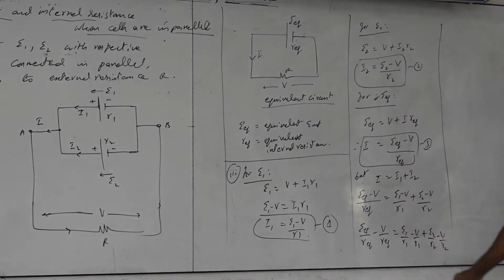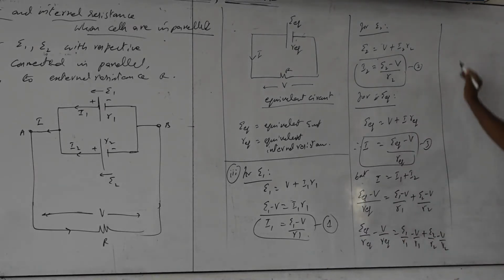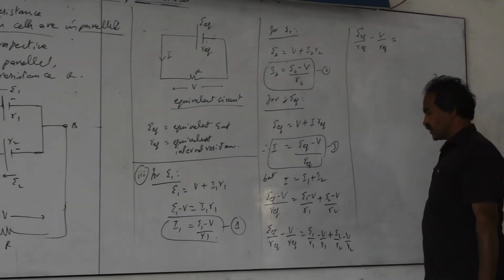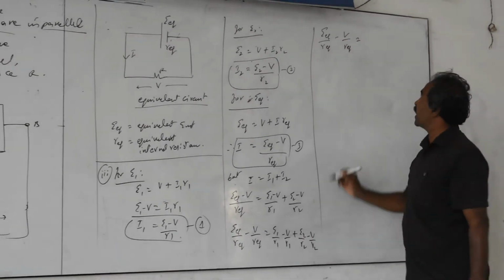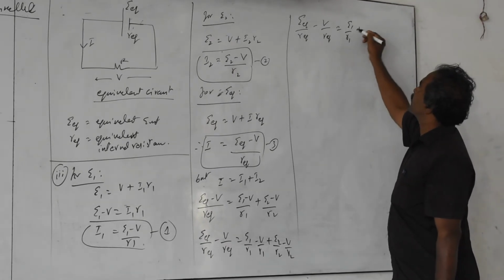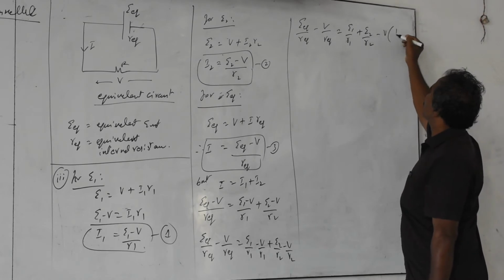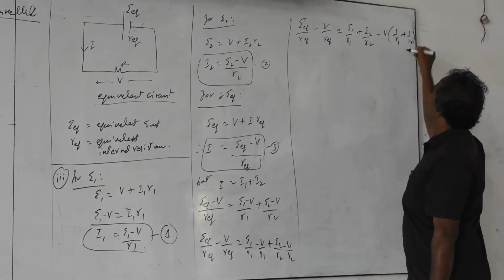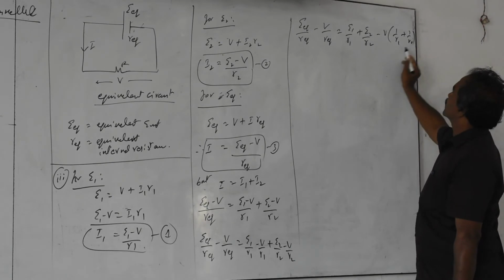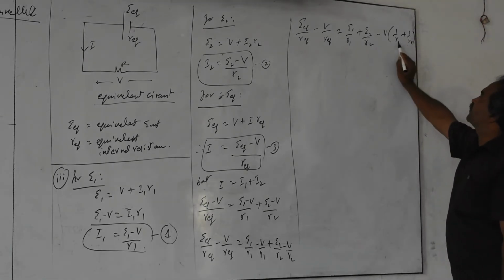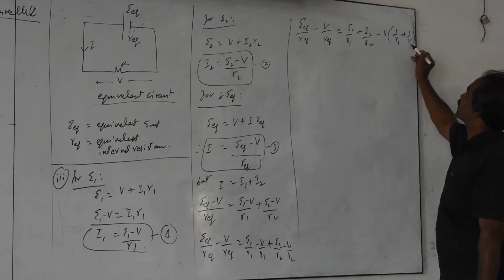Take V out to the right side of the equation. E1 by R1 plus E2 by R2 minus V, taking it out common, you get 1 by R1 plus 1 by R2. This part becomes, if you take the LCM, the denominator R1R2 and the numerator R1 plus R2.